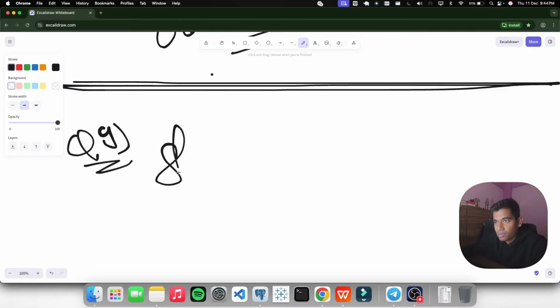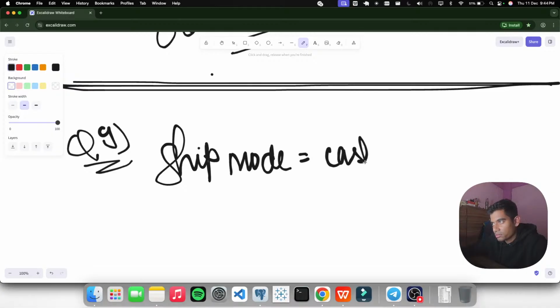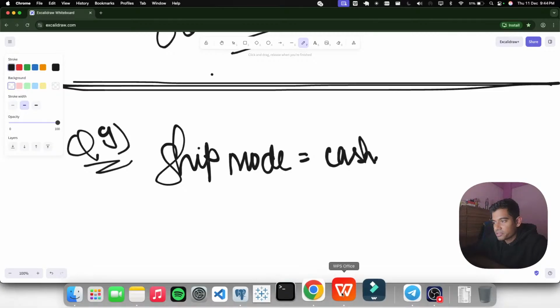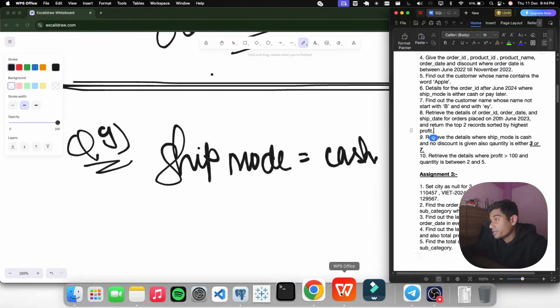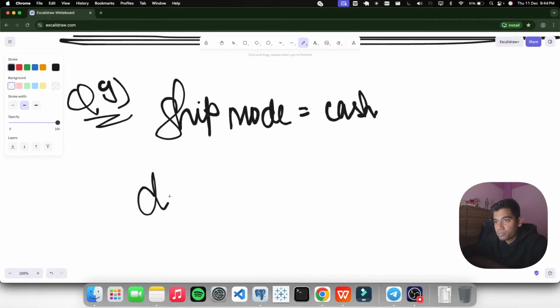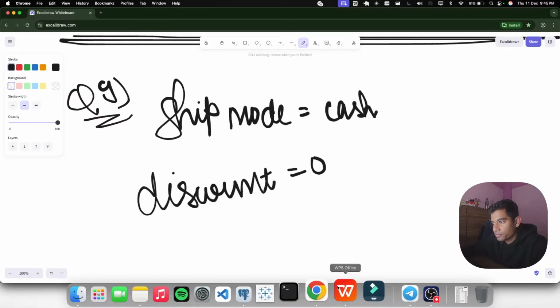Okay, first criteria is ship mode is cash. Second criteria, discount should be 0.